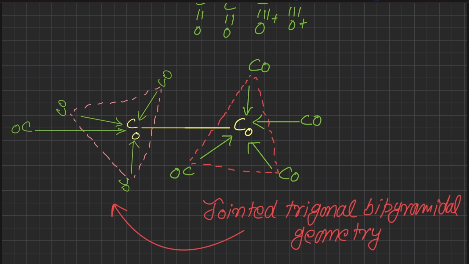So we see that there are actually two trigonal bipyramidal geometries. One is this, in which these are equatorial and these are axial positions, and second is this, in which these are equatorial positions represented by these carbonyls and these are the axial positions. So we can say safely here that the geometry of octacarbonyl dicobalt is a jointed trigonal bipyramidal geometry.